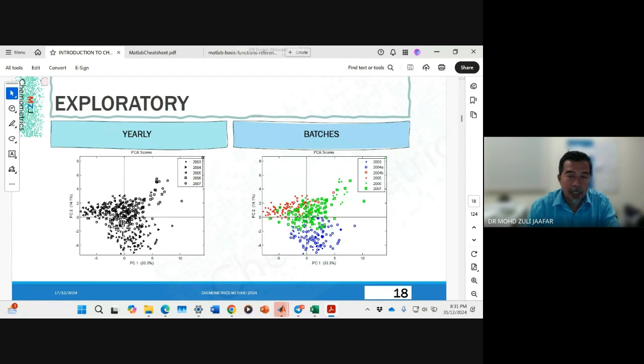Right here in this case, I was stuck while doing my PhD. I believed that this data set was clustering by years, but it was not coming from years. The cluster was coming from when they had been analyzed. Actually, this data set is coming from environmental pollution, and we detect the concentration from air. So it is subject to radioactive decay, so they cannot keep the sample for a long time.